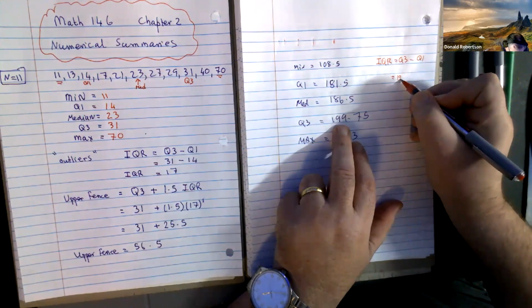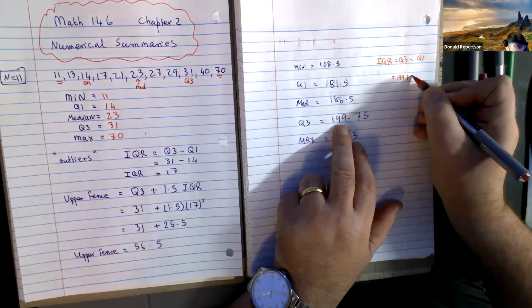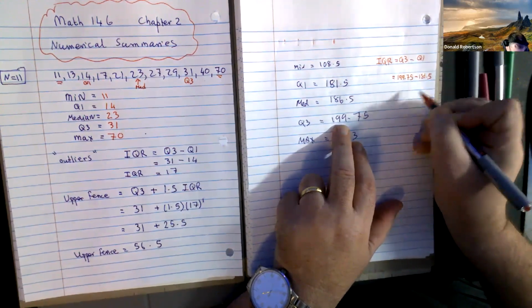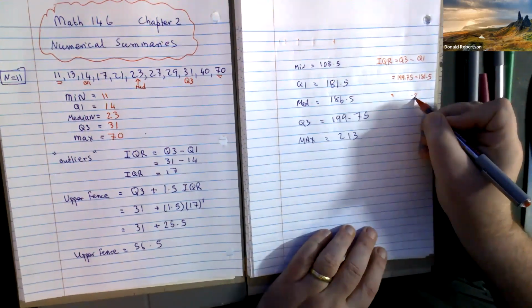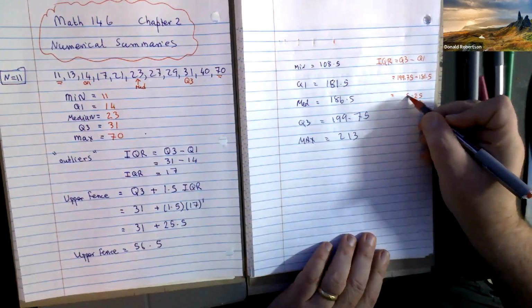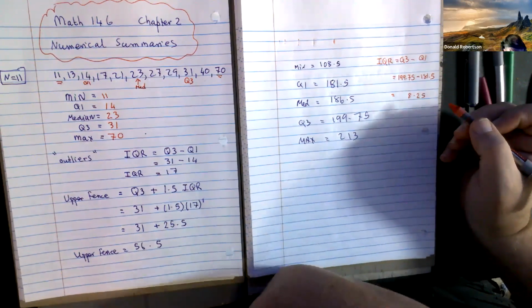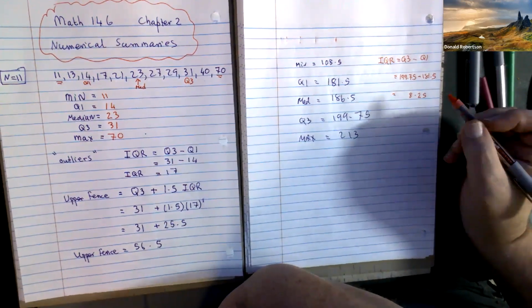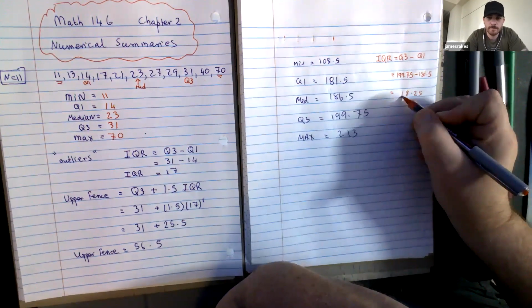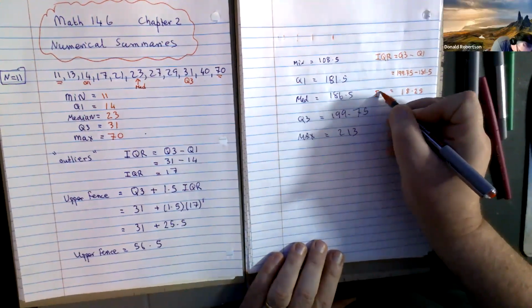They're 199.75, take away 181.5. So I know it's going to be a 0.25, and I believe it's going to be an 8. Goodness gracious. What's that going to be? 18.25. Thank you. 18.25.